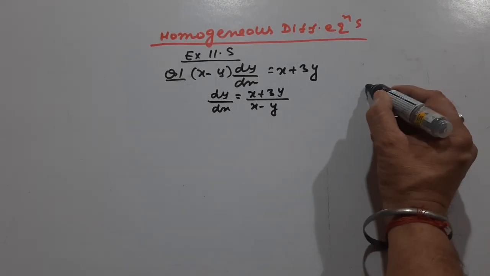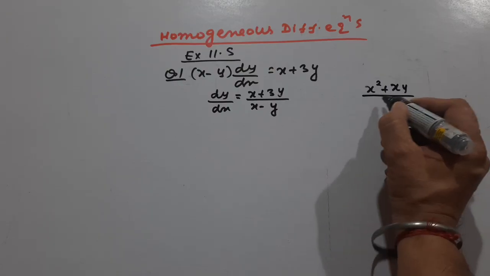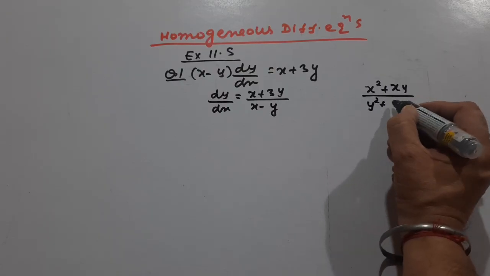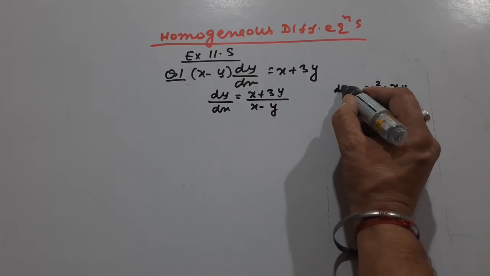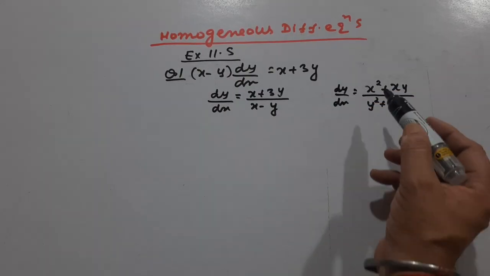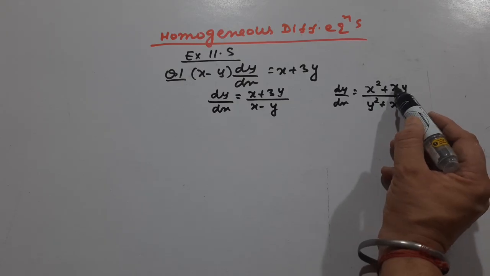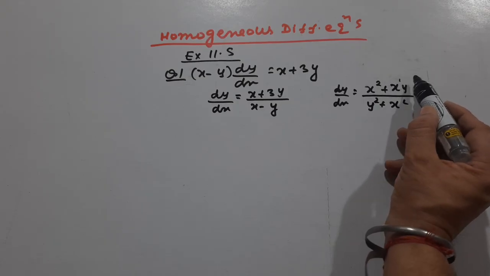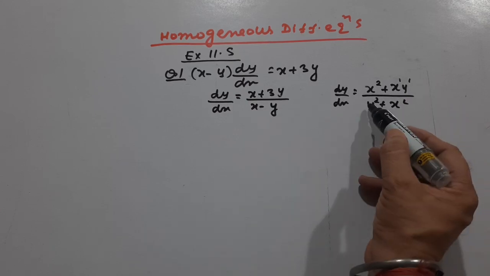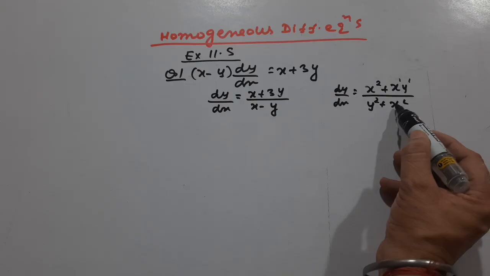Let us take one more example. Suppose we are given dy/dx = x square over something like this. Suppose. So this equation is also homogeneous because here in the numerator the degree of x is 2, here is xy, so the power of x is 1 and the power of y is 1, so 1 plus 1 is 2. Here in the denominator the power of y is 2 and the power of x is 2.